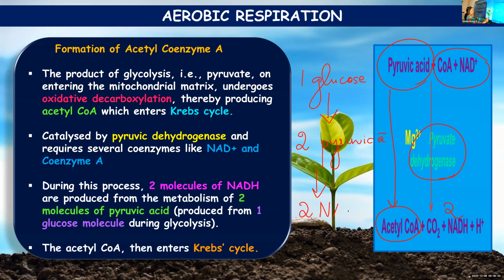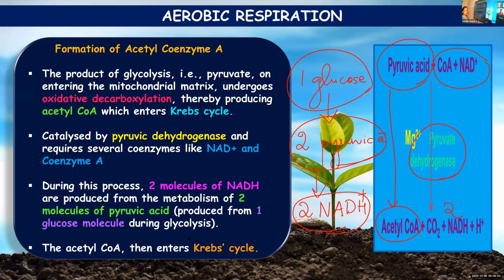So what they have given us is that 2 molecules of NADH are produced by the metabolic reactions taking place in 2 molecules of pyruvic acid formed from 1 molecule of glucose. Any doubts, children? Ma'am, can you explain once more? And the acetyl coenzyme A formed will finally enter the Krebs cycle.